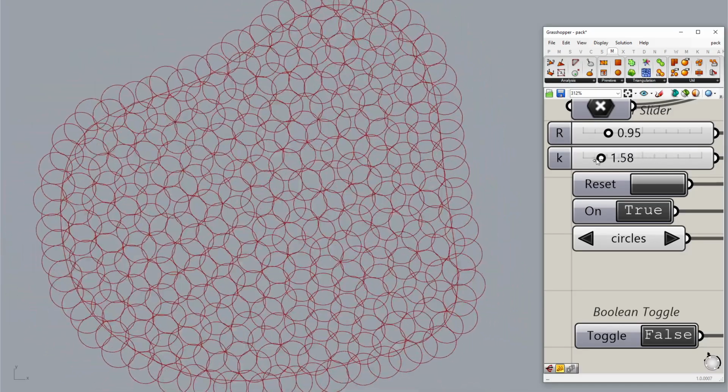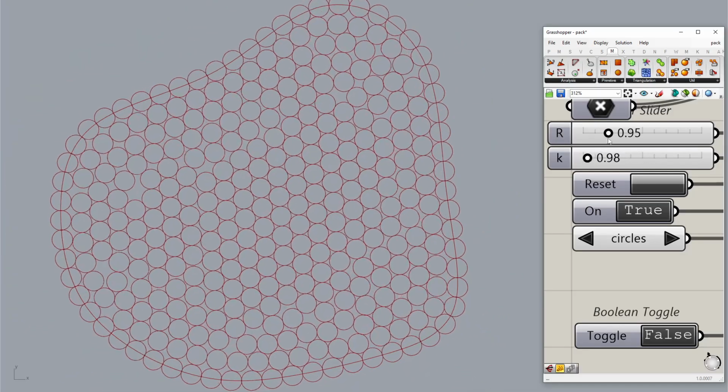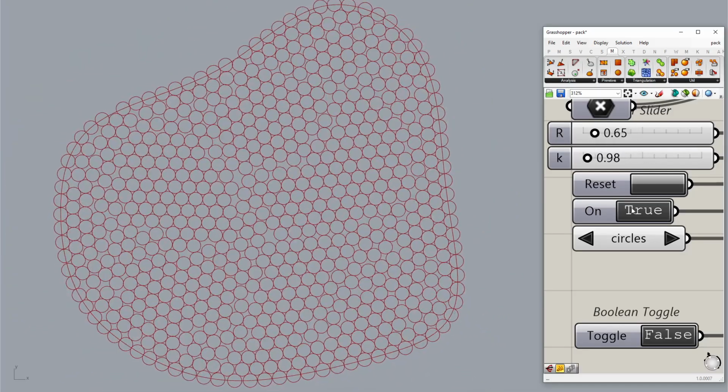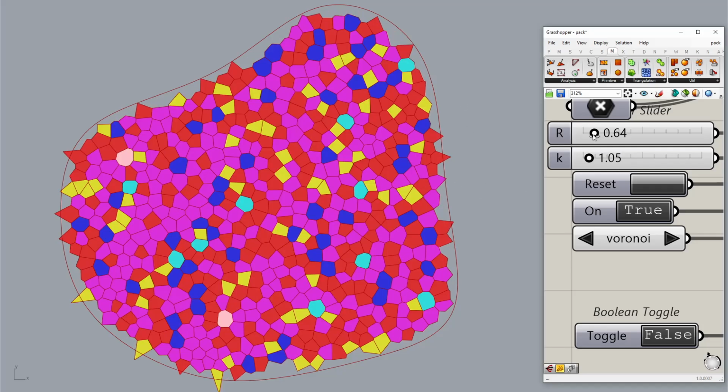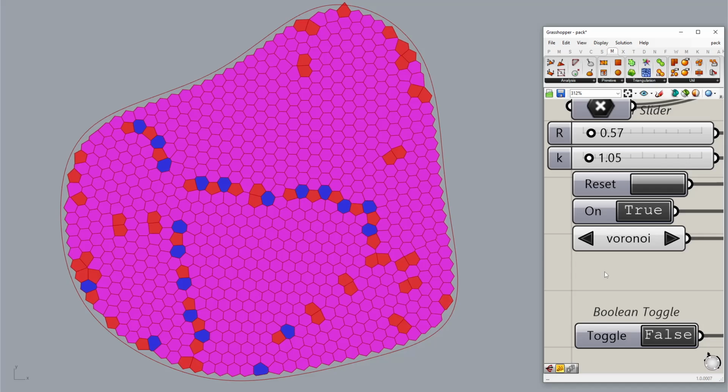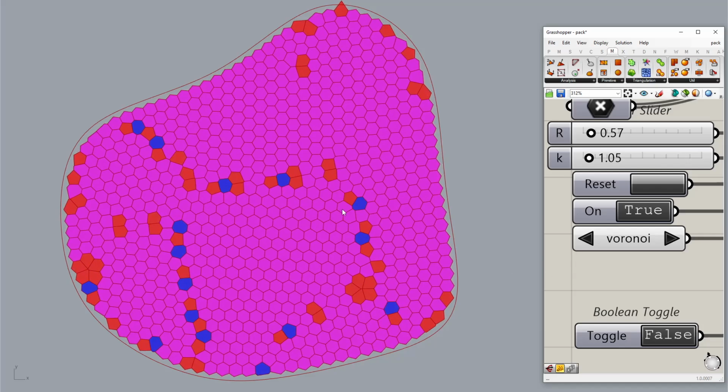And it's cool to see the actual Voronoi of these things with specific color for hexagons, pentagons, squares, and so on. And we can see different phases of the crystals.